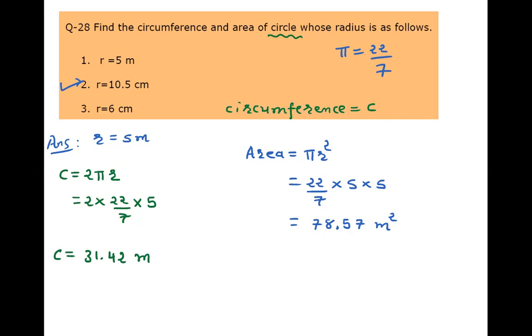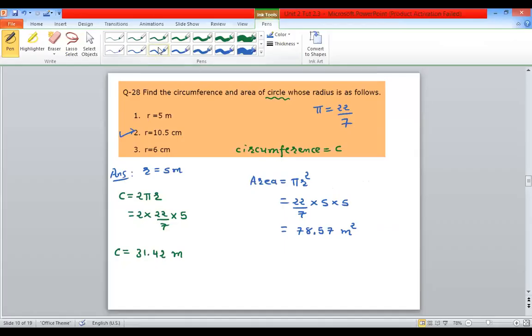Ma'am, the circumference answer is 3234 centimeter. For the second question, right. Circumference C is equal to 3234 centimeter. Area is 346.5 centimeter square.